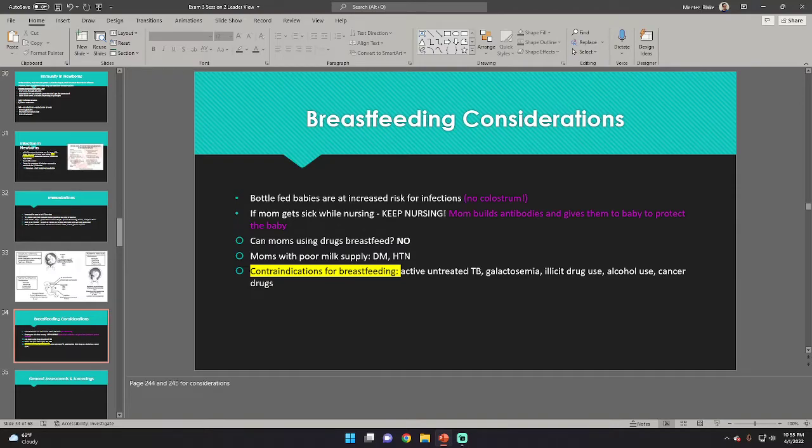No. Contraindications for breastfeeding are going to be active untreated tuberculosis, galactosemia, of course any illicit drug use, alcohol use, and cancer drugs, so methotrexate.